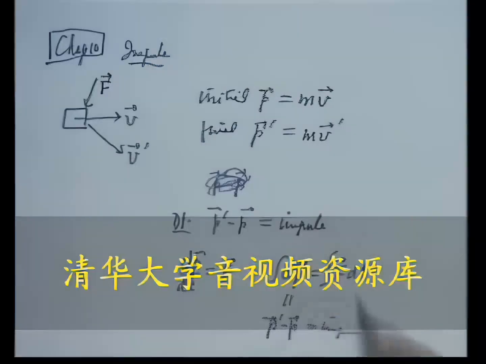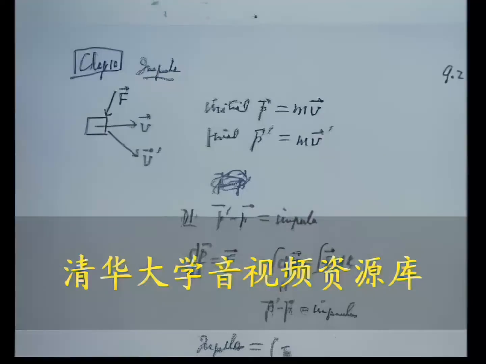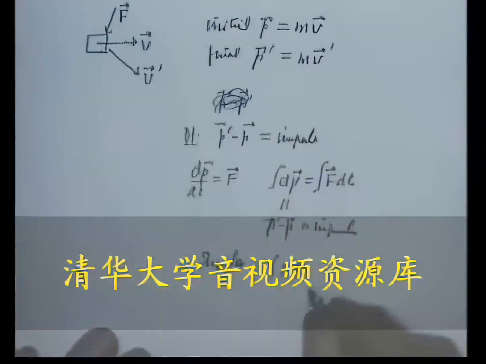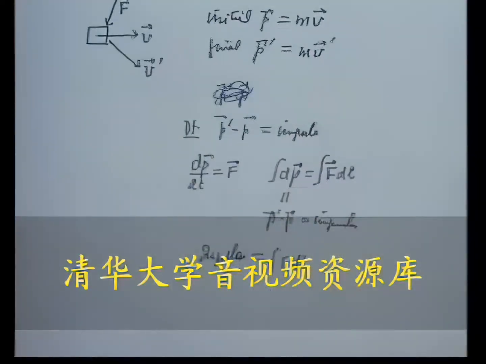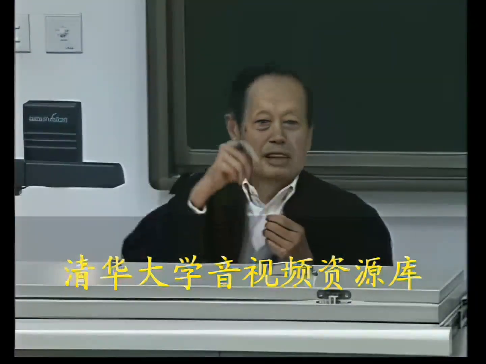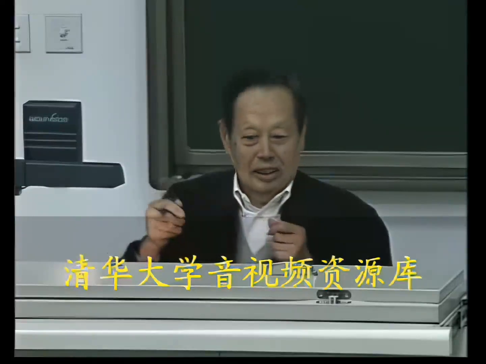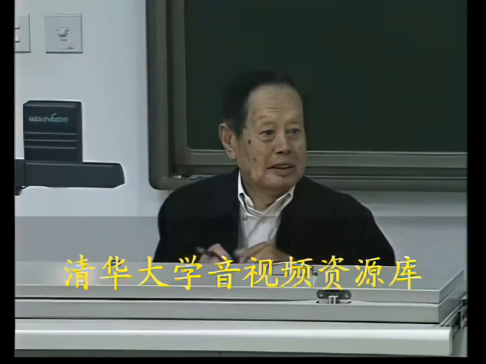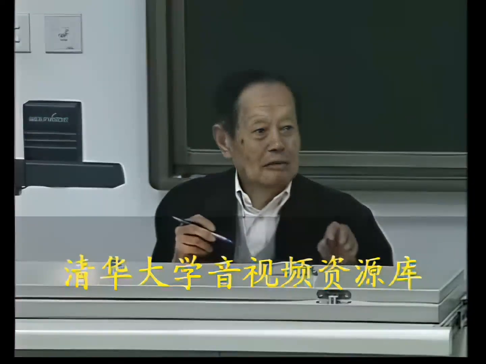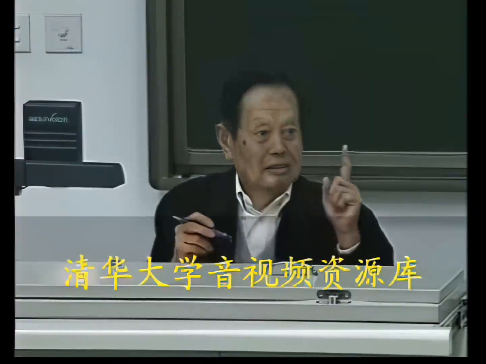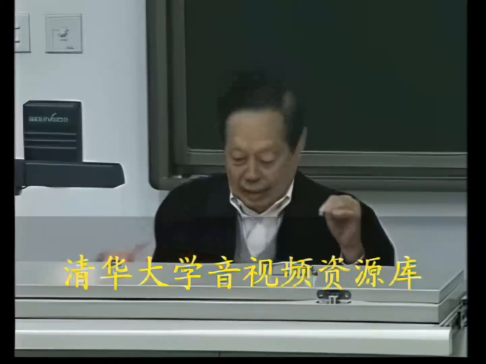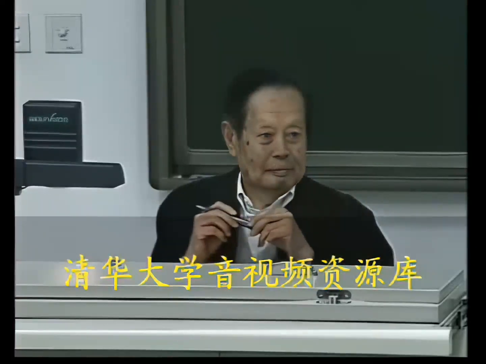But because of Newton's law, this says impulse is equal to the integral of F dt during that period. So if you have a force which starts with 0, it goes to a maximum, then it dies down, like if I hit this table, if you integrate that force, integrate the vector over time, that result is the impulse.